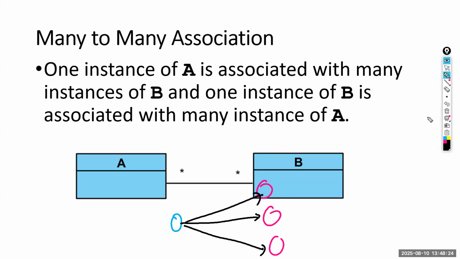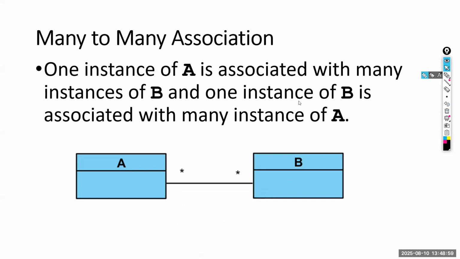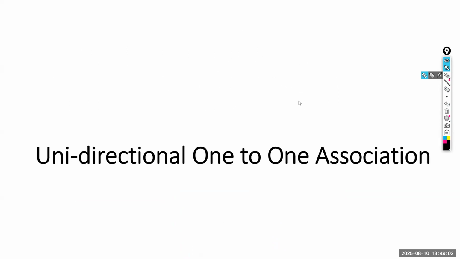And that is one to many, and many objects of A can communicate with one object, or one object of B can be associated with many objects of A as well. So this can communicate with multiple objects. This is many to many.